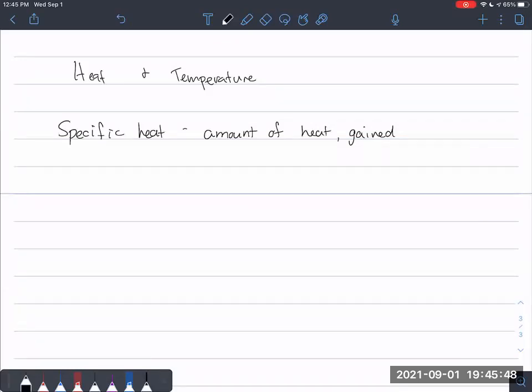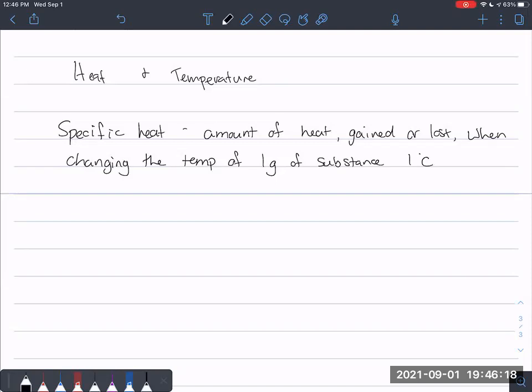There we go. The amount of heat gained or lost when changing the temperature of 1 gram of substance 1 degree Celsius.